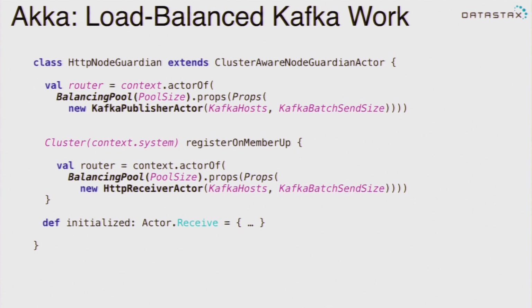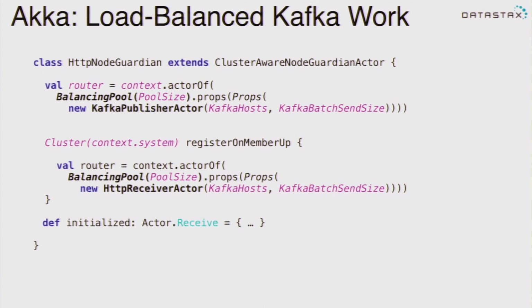Here's an example of where I'm creating a router, and I'm using a balancing pool. This is all the Akka API and Akka routing. So I create a balancing pool of any kind of size. Say I'm going to be doing a lot of work here, and I want 20 instances of this Kafka publisher actor. What it's going to do is balance all of the requests sent to these actors based on whichever one is free.